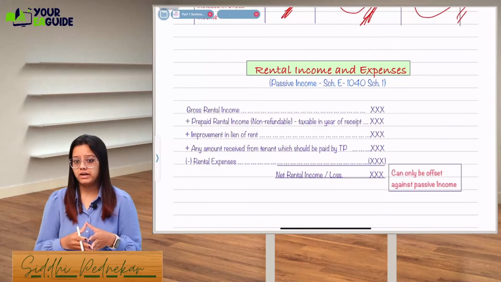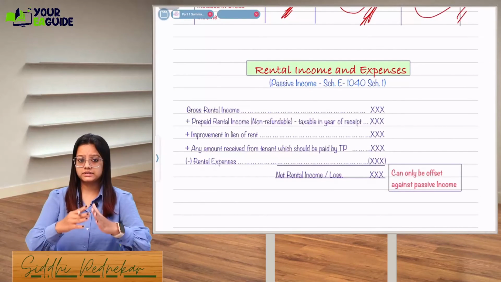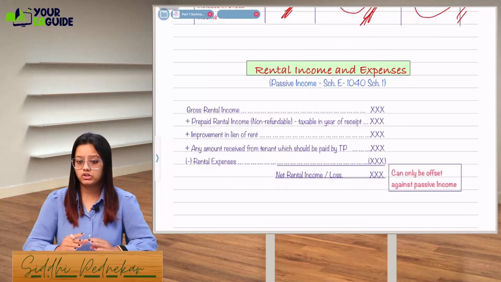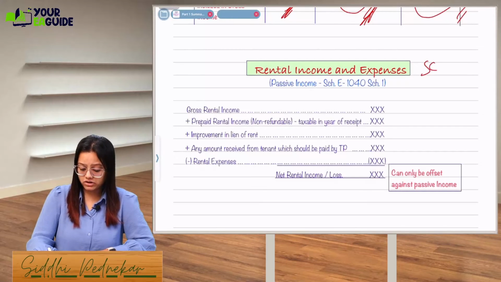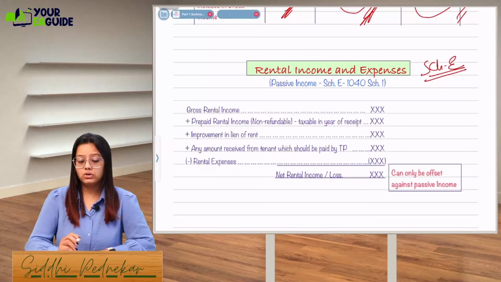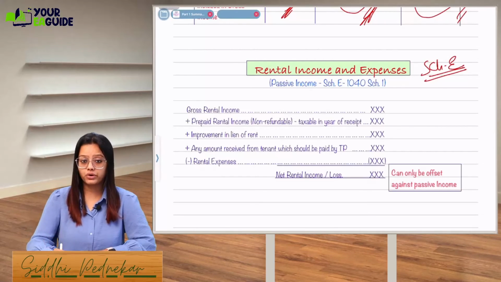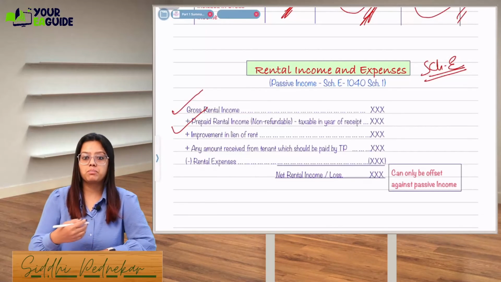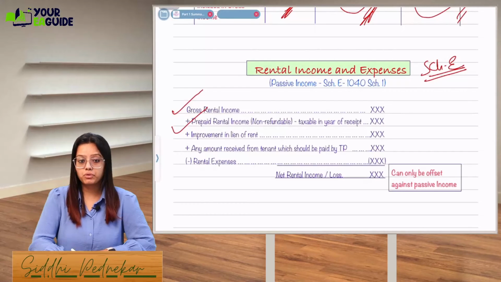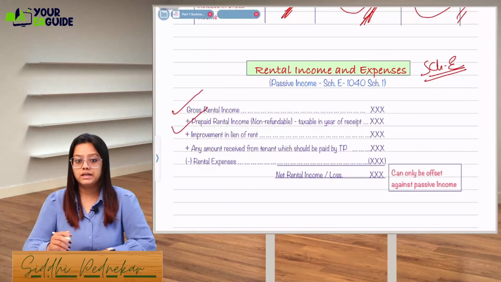Rental income. See, rental income is very simple. When you receive rental income, you have to make it chargeable to tax in your Schedule E. Schedule E will show all your gross rental income, any prepaid rental income, and non-refundable deposits, plus any improvements made in lieu of rent.